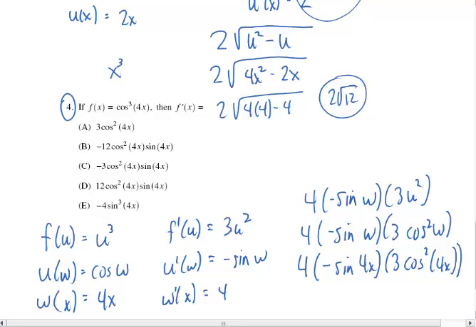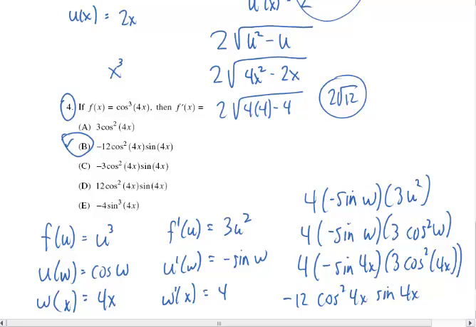If you look for that answer, you're going to be looking for negative 12 cosine squared of 4x sine of 4x, and that is the answer, choice B.